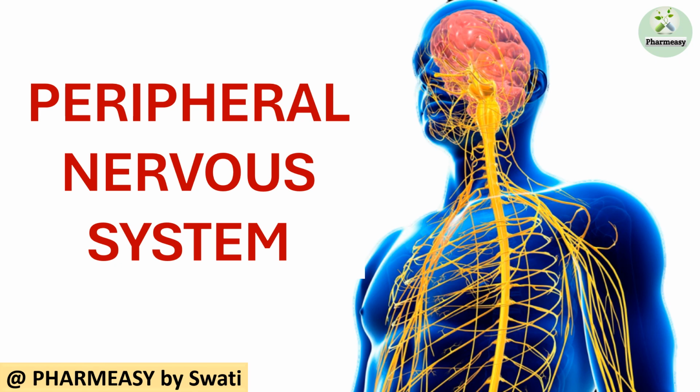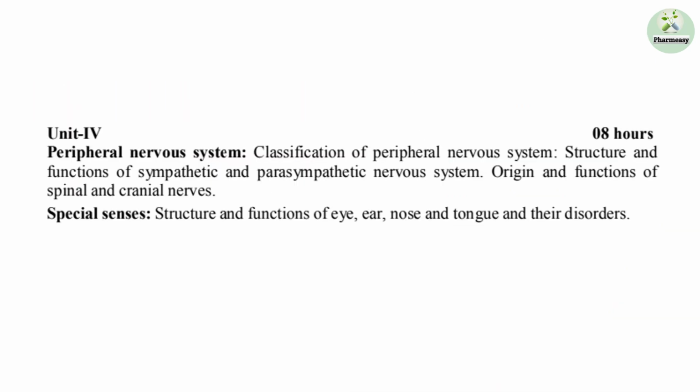Today we will start the fourth unit of pharm first sem, that is peripheral nervous system and special senses. It will be a one-shot video lecture of the complete fourth unit. The lecture will include introduction to nervous system, classification of nervous system, structure and functions of sympathetic and parasympathetic nervous system, origin and functions of spinal and cranial nerves.